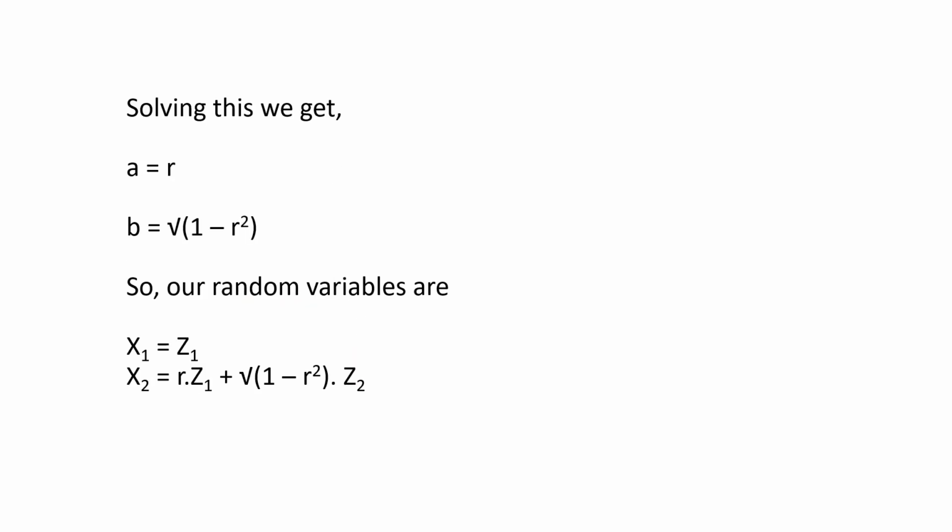Solving the above two equations together, we get a is equal to R and b is the square root of 1 minus R squared. So the random variables which we are looking for are X1 is Z1 and X2 is R times Z1 plus square root of 1 minus R squared times Z2. So this is the answer to the first part of the question.